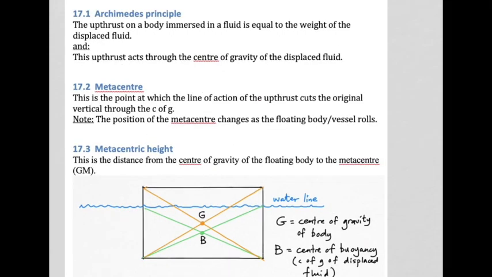And that point would have been here, because here is your displaced fluid. Its center of gravity would have been there. This is of course assuming that the ship's sides are vertical and the bottom is vertical. It's a slightly simplified explanation, but nevertheless this would have been the center of gravity of the displaced fluid. So that is the point through which the upthrust acts. So that force that we achieve by displacing liquid acts through point B, and it would be straight upwards.